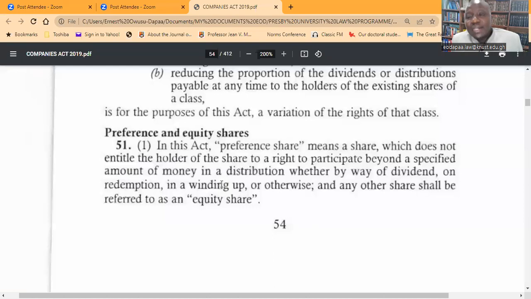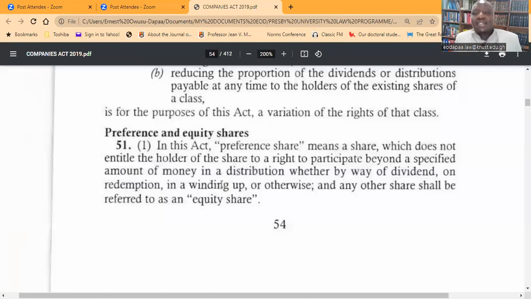Now, this statutory definition is very important. Now, what section 51(1) is seeking to do is that certain permutations or certain instances of preference shares or creating preference shares have been provided. And outside that, all other shares are treated as equity shares. So if we look at it, equity share is defined by the negative approach, or like the negative definition.